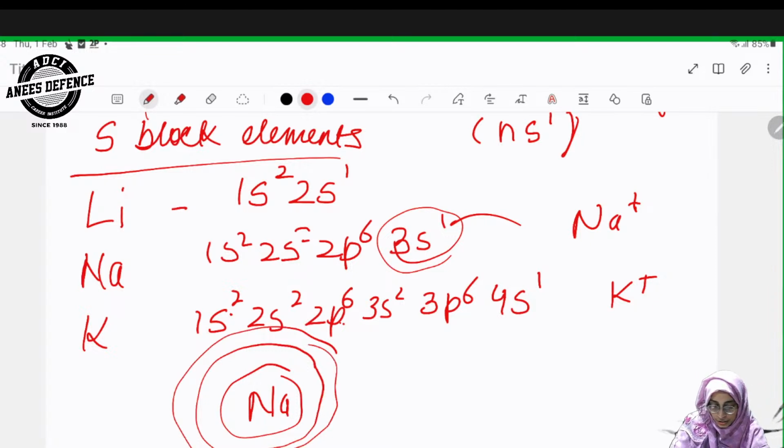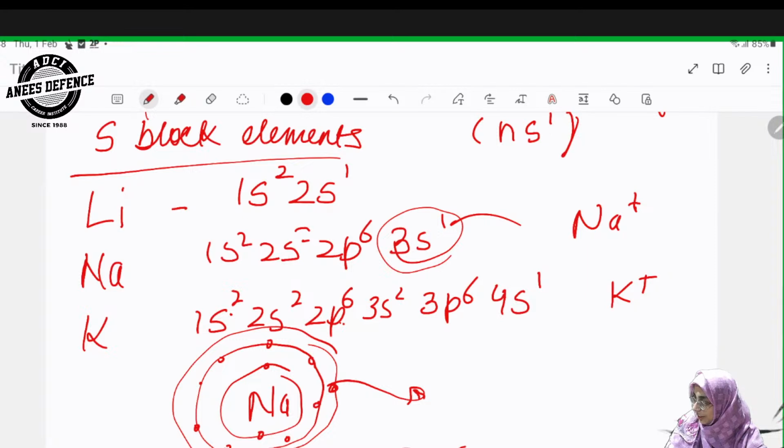This is the energy shell; the inner one has 2 electrons, then the second, called L, accommodates 8 electrons, and then 1. Every element wants to attain the noble gas configuration, so sodium loses this electron and becomes 2, 8 with a complete octet.